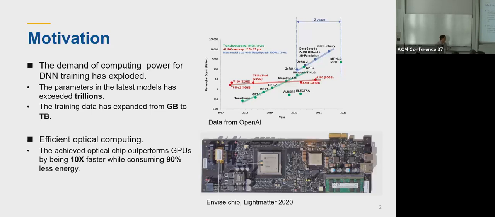For example, Google Switch Transformer has 1.6 trillion parameters, and the GPT-3 model has 175 billion parameters. The amount of training data has also increased significantly, expanding from 40 gigabits to 50 terabits.